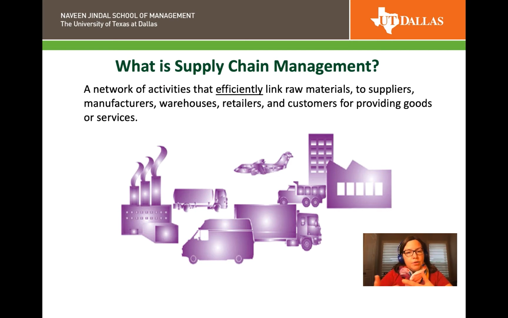If you think about it, supply chain is a network of activities, and that's why we call it a chain: there are a lot of activities that are interconnected. The objective of that chain is to efficiently move raw materials from suppliers, manufacturers, warehouses, retailers, all the way to the consumers.